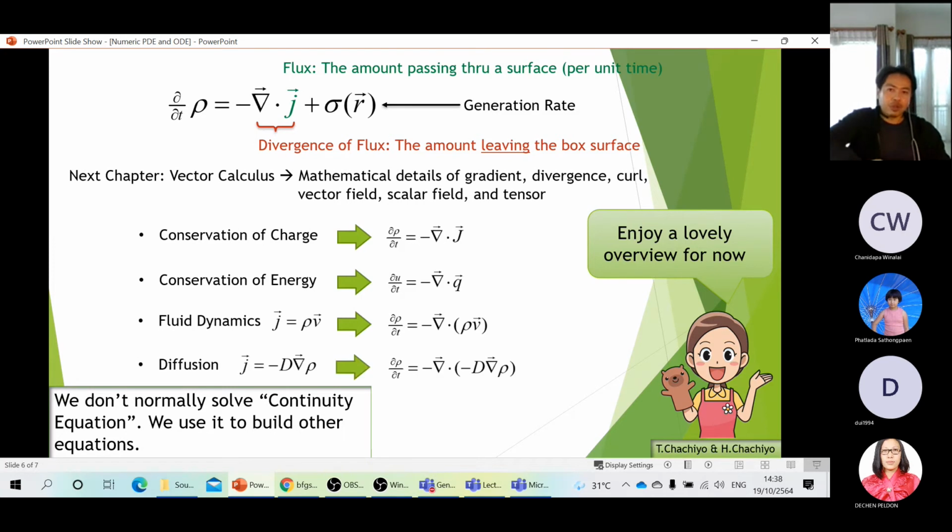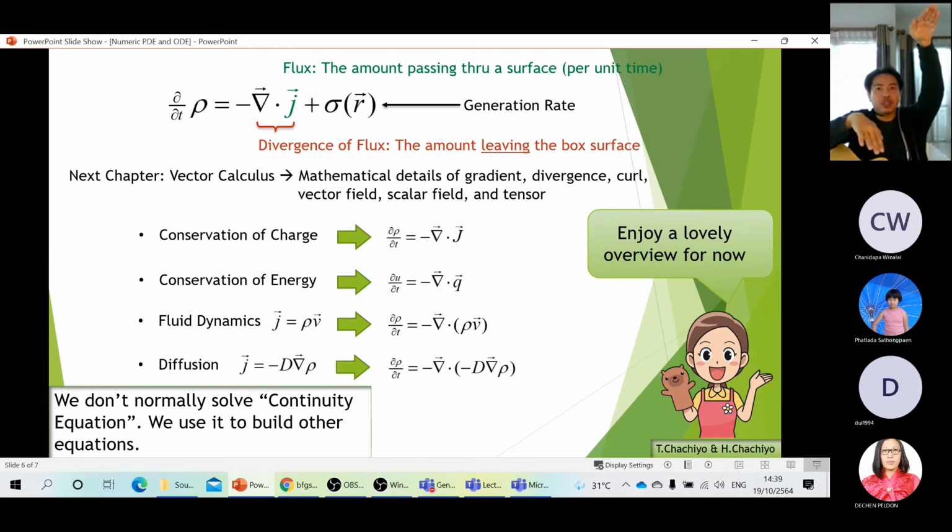The last example is the diffusion equation. We learned about this in the previous lecture, but let's look at diffusion from the perspective of this equation instead. So we have this diffusion: the color pigment or the gas molecule diffuses from a high concentration to lower regions, from here to there. Let me give you an example of the density of the color pigment.